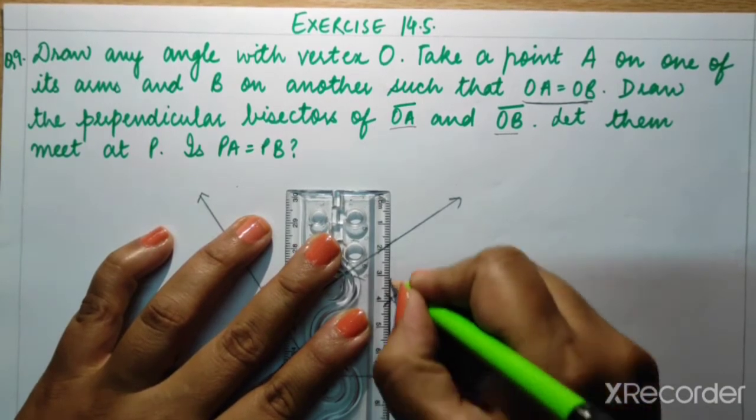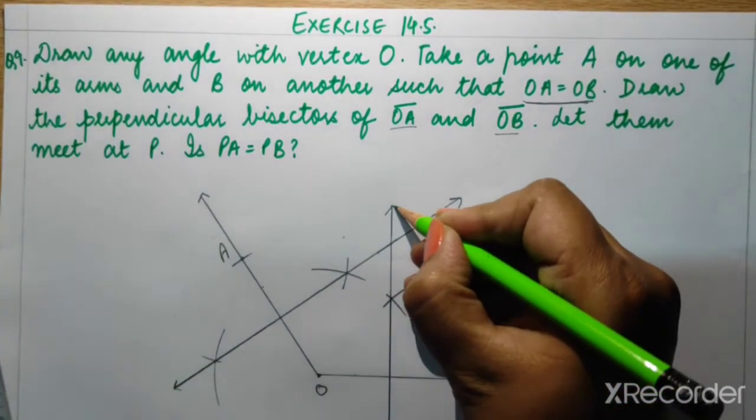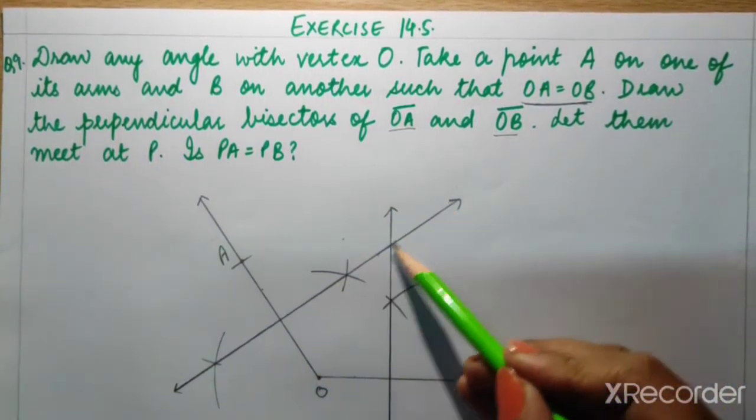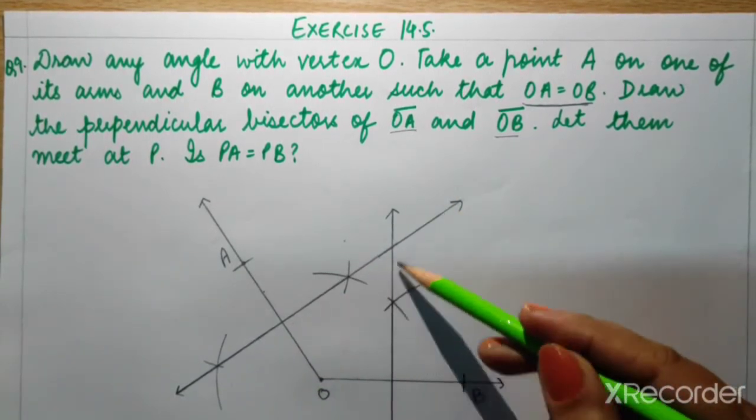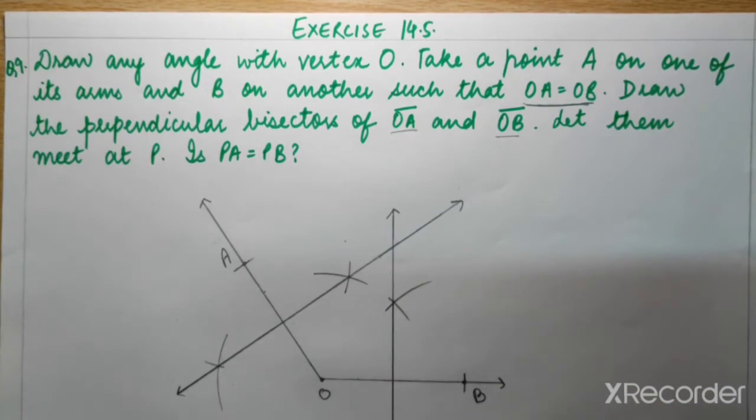We have to extend it so that it meets the previous perpendicular bisector. If it's not meeting, you have to extend these perpendicular bisectors.